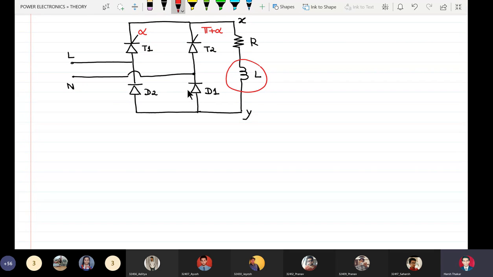become very complex when inductance is added. So here we are discussing where L is small. Okay, so this is operation with a small inductive load. Some prerequisites for analysis.